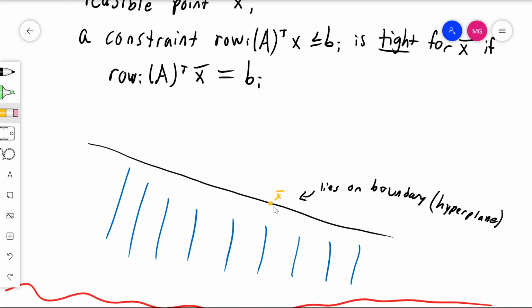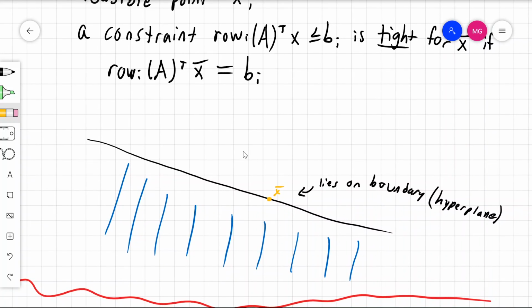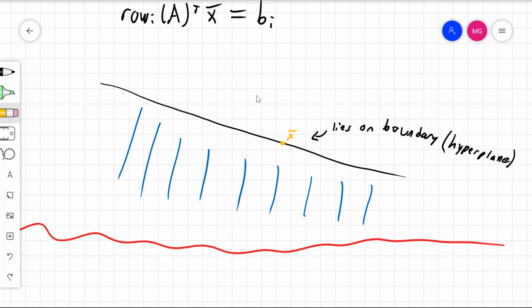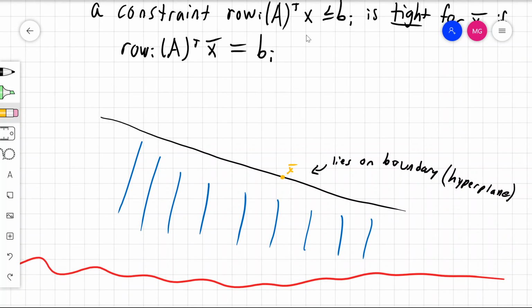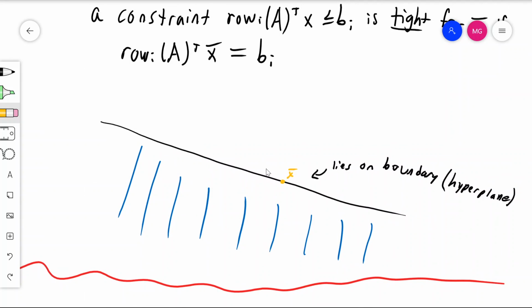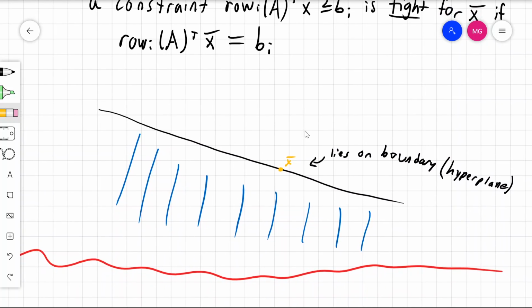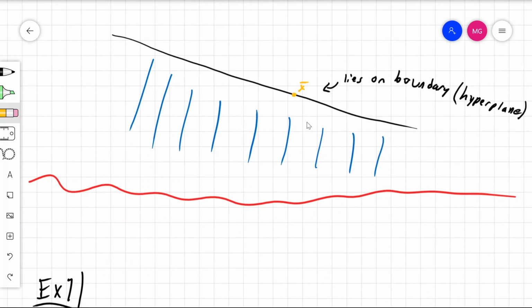So a tight constraint for a particular point means that the point lies on the hyperplane associated to that constraint. If we went any further in that direction, we'd cross over to the bad side and violate the inequality. If we were any further to the left, we'd have a strict inequality. But we're lying exactly on the boundary.